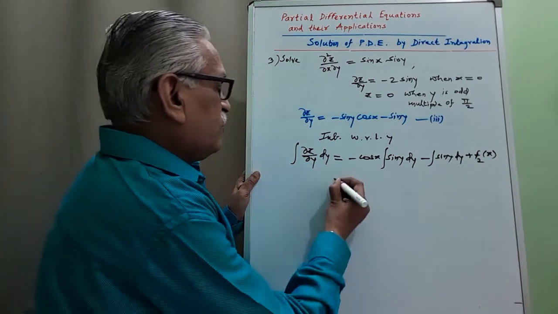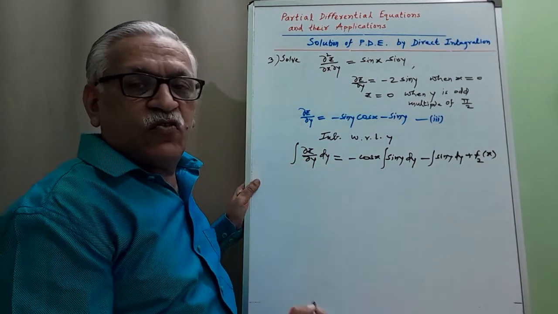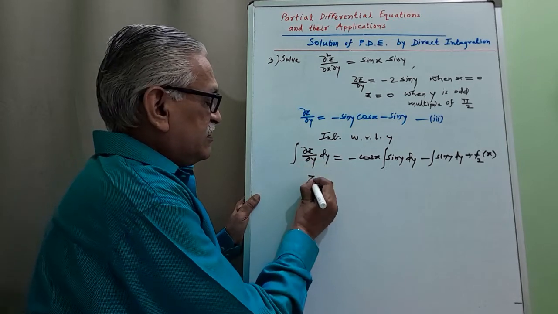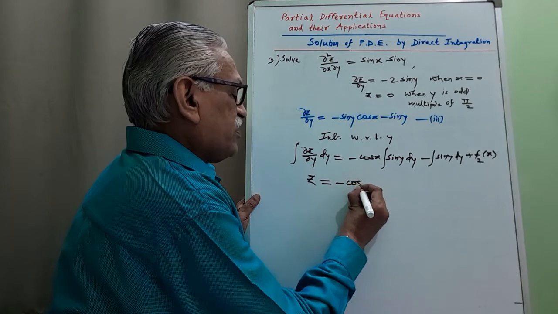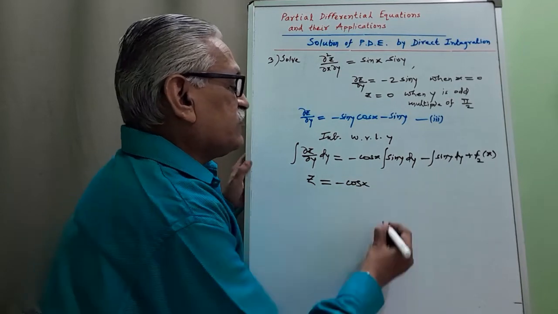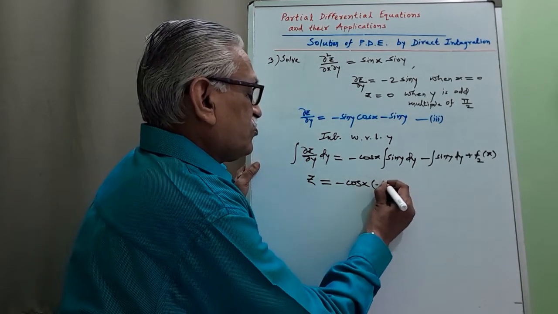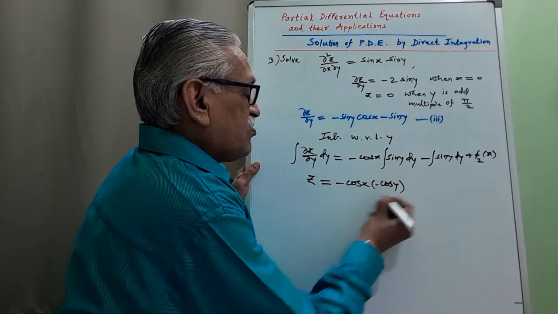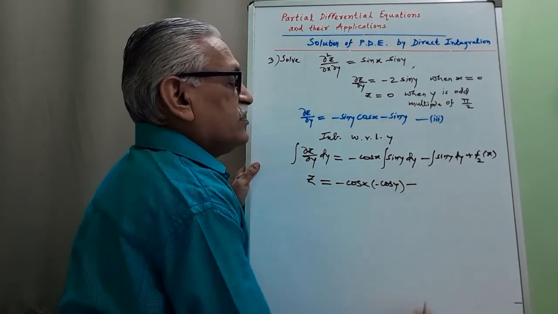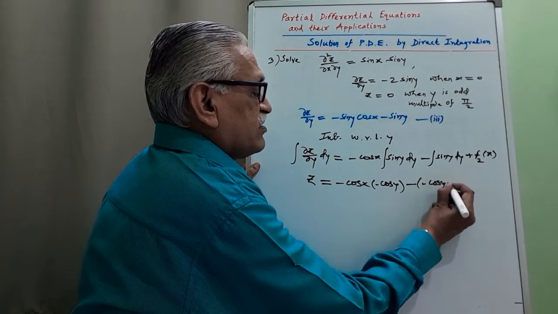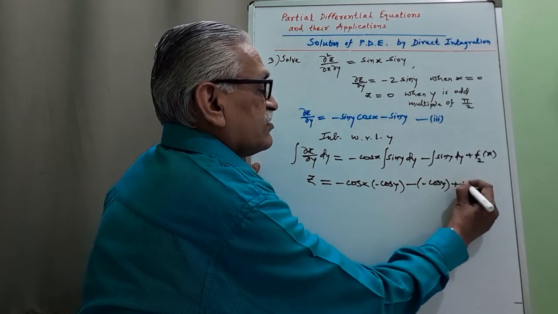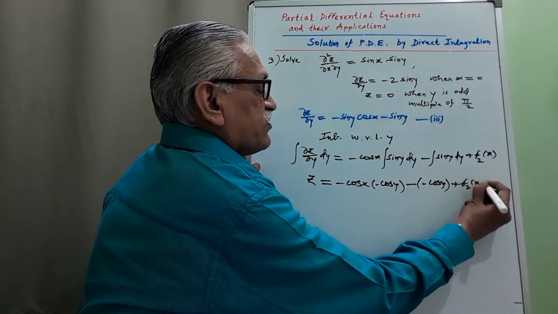And therefore, we get integration of ∂z/∂y as z is equal to minus cos x, integration of sin is minus cos, minus integration of sin y, again minus cos of y, plus f2 of x.